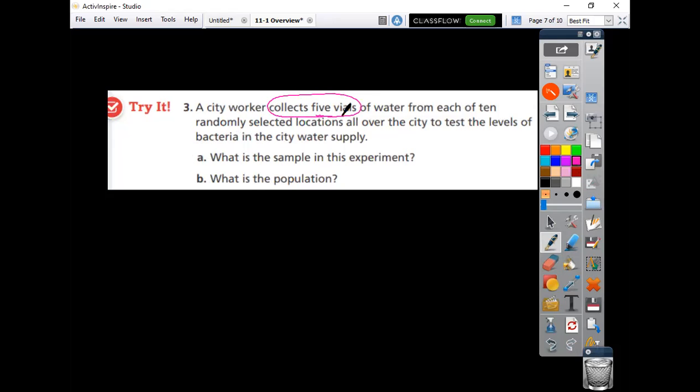The population would be the 10 locations for the water in the city. So the sample is the ones you actually have in your study, and the population is what you're generalizing it back out to.